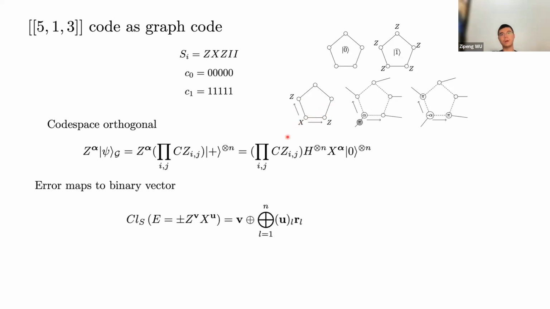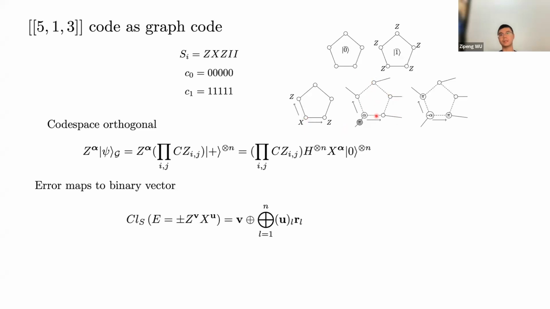So if we apply the Pauli X on it, we can first apply the stabilizer XZ on it, and these two X's will cancel, moving the Pauli Z error to the neighbors of this node. So in terms of the ZX calculus diagram, we have a graph state.